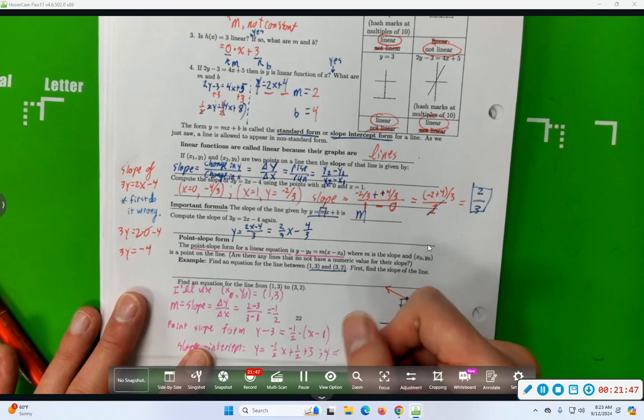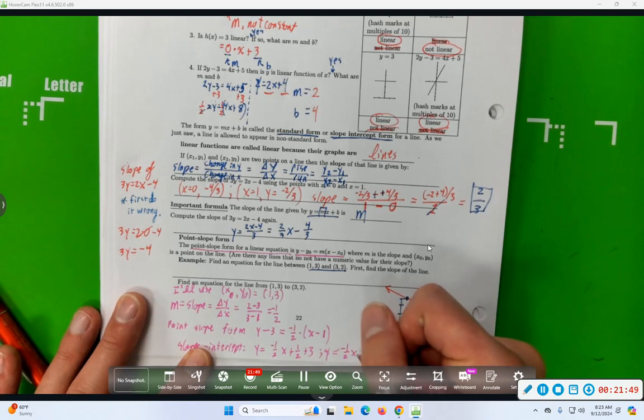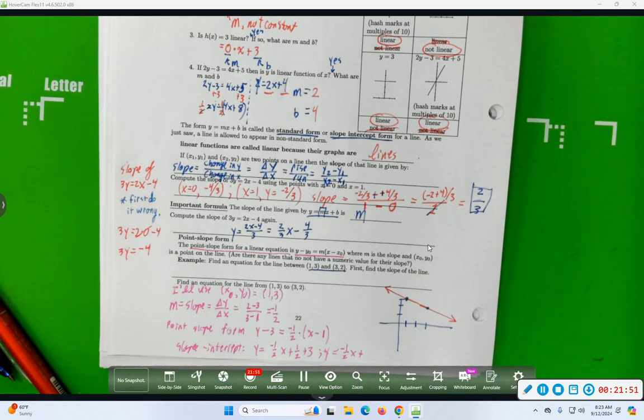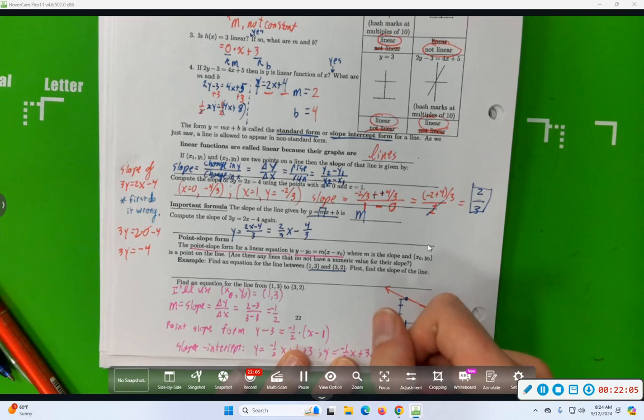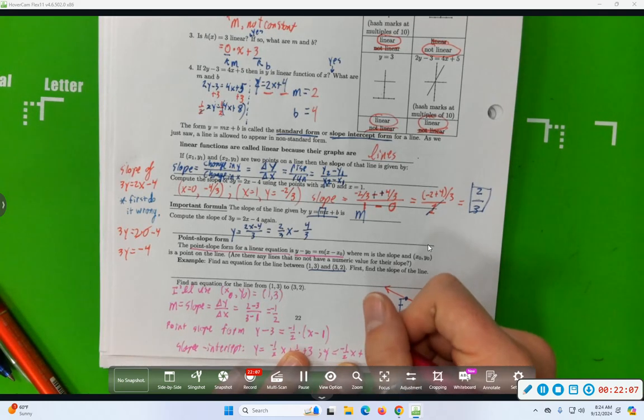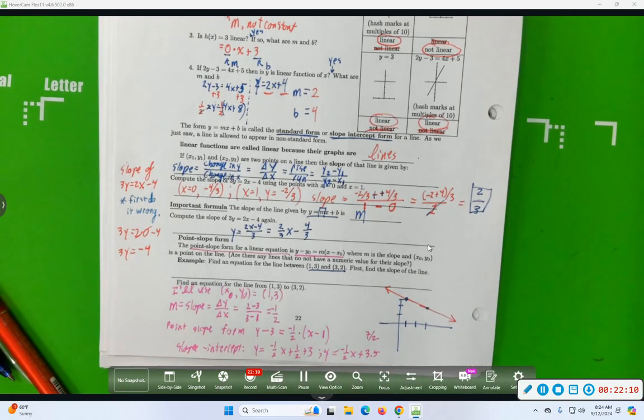So this is y is negative 1/2 x plus 3 plus a half. Should we put that as a fraction or as a decimal? Which would you rather? Fraction? Decimal. Cool. If you want the decimal, that's 3.5. If you want the fraction, it's 7/2, right? Cool. Folks feel pretty good?